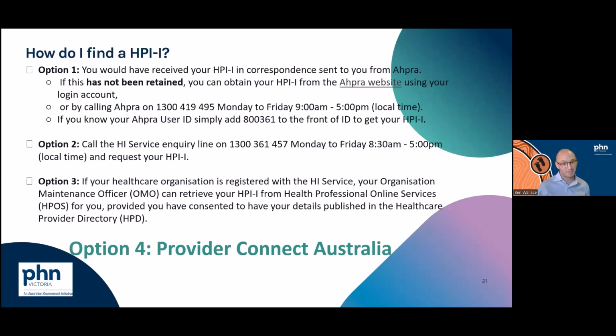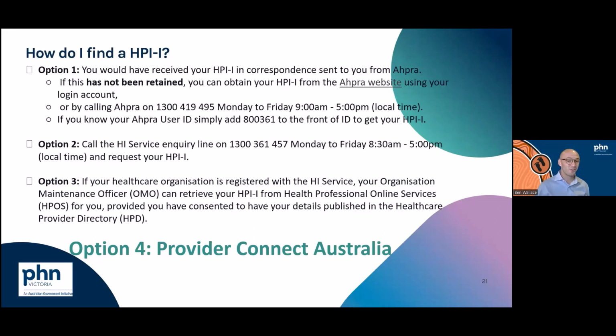Historically, there were 3 ways to find a HPII. Hoping that they kept the correspondence from APRA when they first registered. If they haven't, the OMO can try and track it down, or try and get them to track it down from the APRA website, or by calling APRA on 1300 419 495, Monday to Friday, 9 to 5.